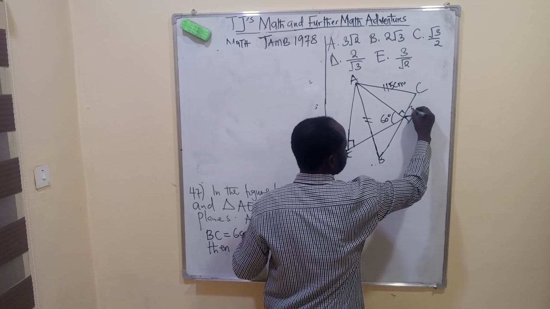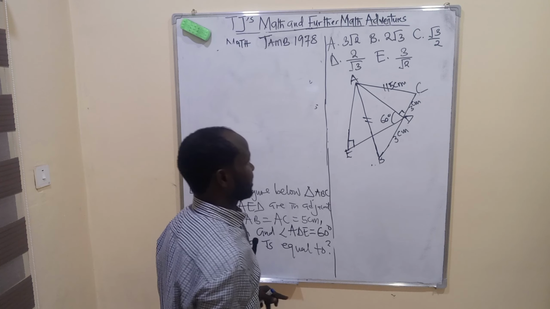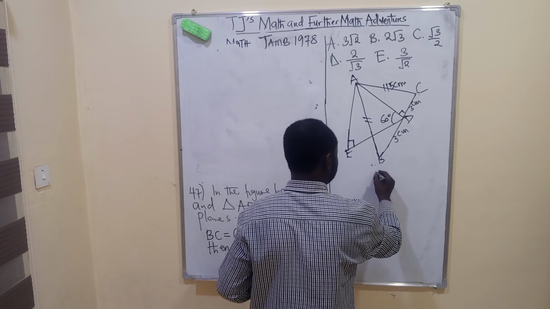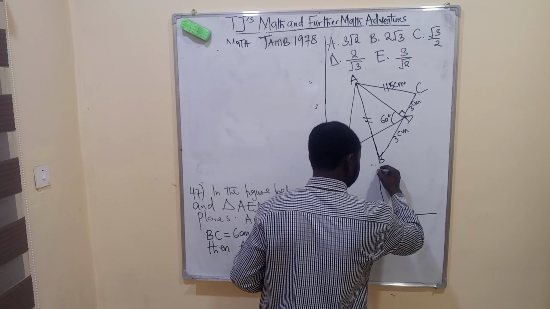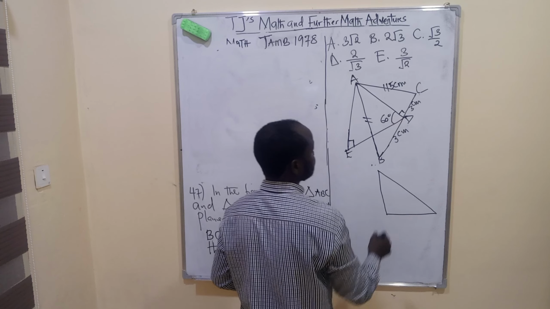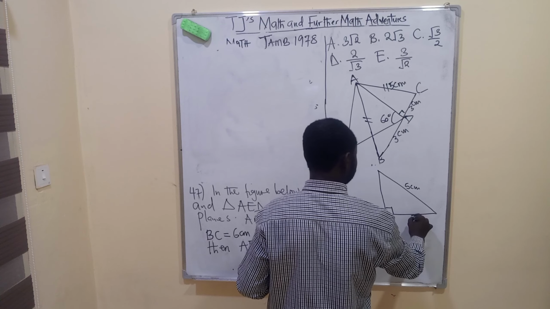So if BC is 6, here will be 3 cm, and here will be 3 cm as well. So we can easily find length AD because we can cut out this right angle triangle. This is our angle 90 degrees. Here is 5, here is 3 cm.